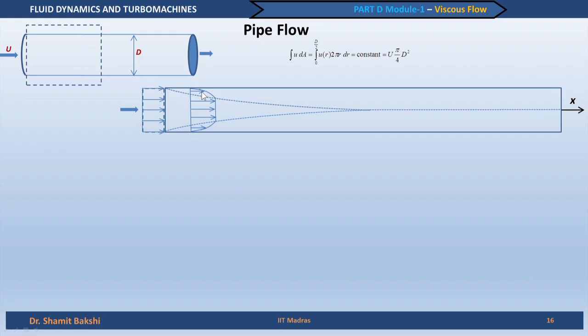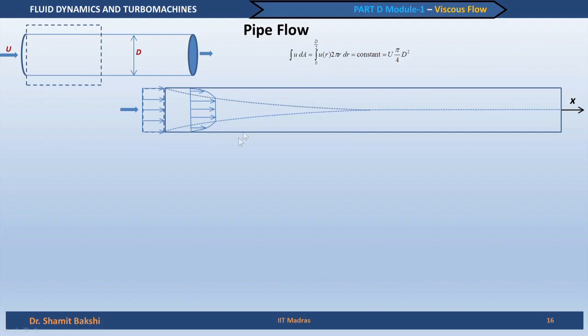Near the wall the velocity is reduced, so at the central portion the velocity has to increase, because the volume flow rate should remain constant. If this part of the uniform velocity profile has suffered a retardation due to the wall, then the central part velocity should increase, so that the volume flow rate is the same as that of the inlet. That is why the continuity equation is important to consider here.